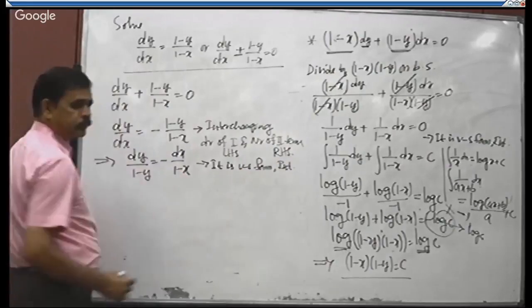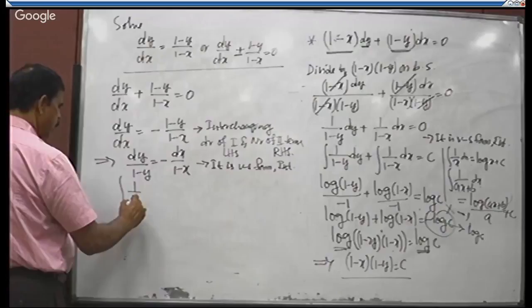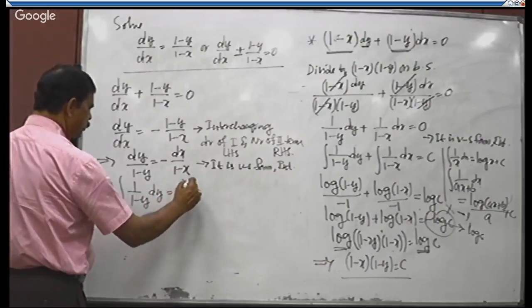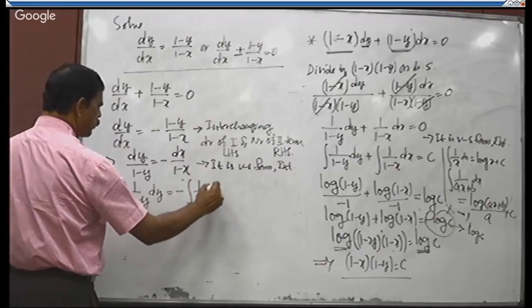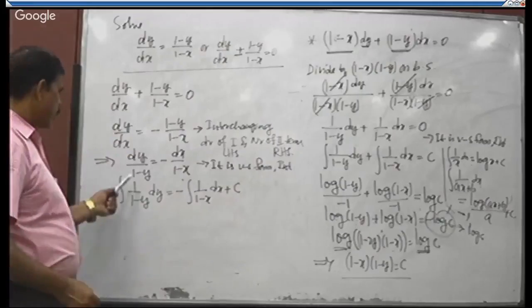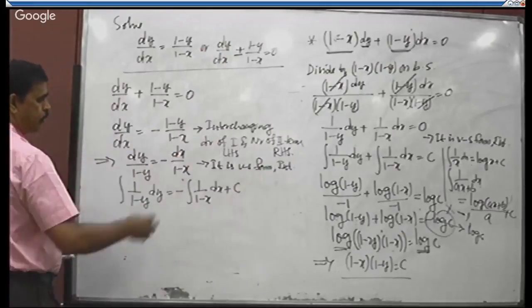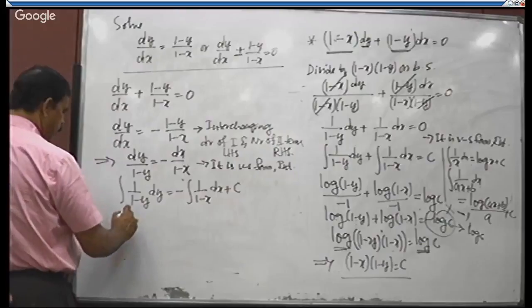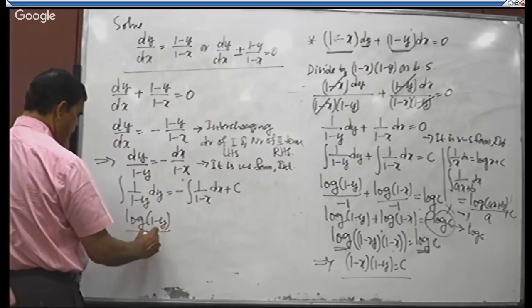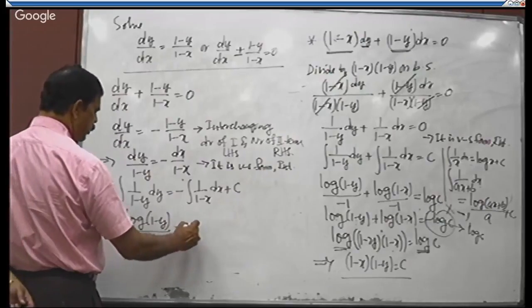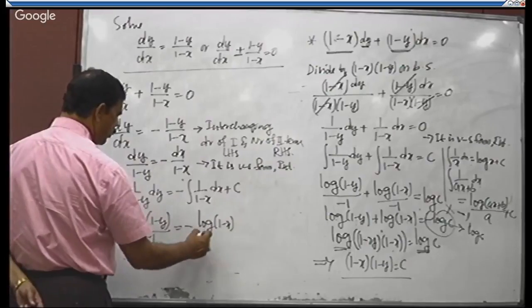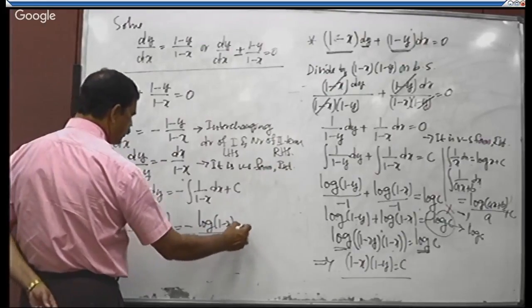Integrate it. Integration of 1/(1 - y) dy is equal to minus of integration of 1/(1 - x) dx plus c. What is integration of 1/(1 - y)? It is like the previous example, no? Same. Take log of (1 - y) divided by minus 1 is equal to minus of log of (1 - x) divided by minus 1 plus c.